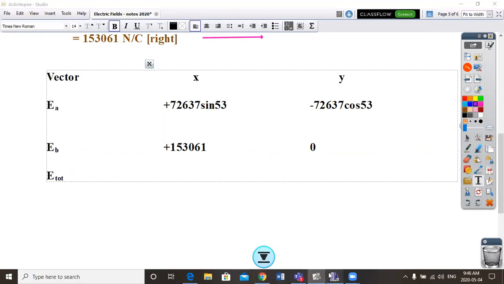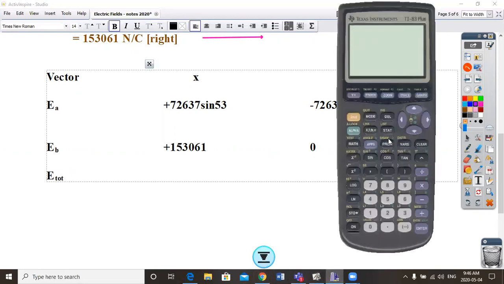So we can add these vectors up. We would go 72,637 sine 53. We will add 153,061, and you get 211,071. We're going to round because we're taking it to scientific notation. So our rounding will be about in here when we do it at the end. So I'm fine with that. So 211,071.